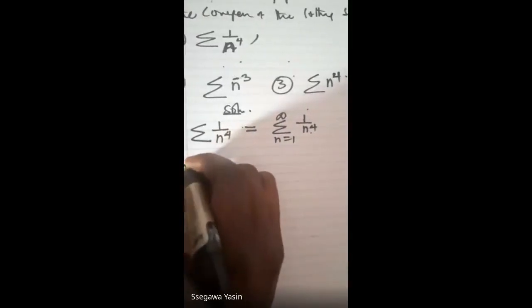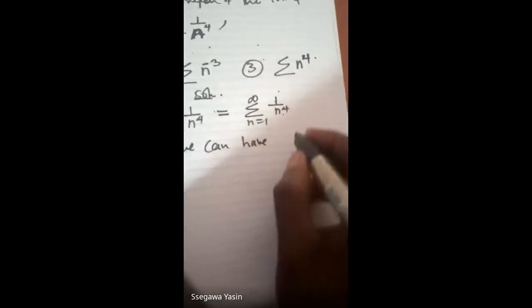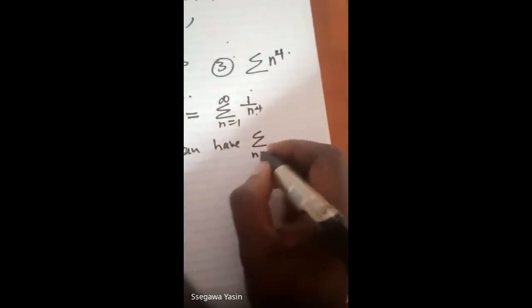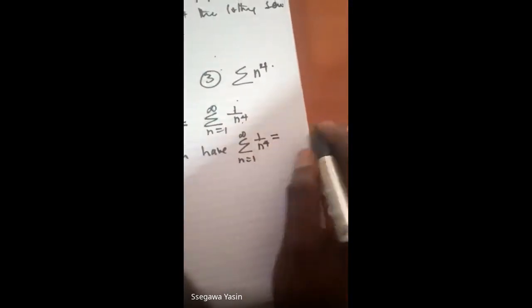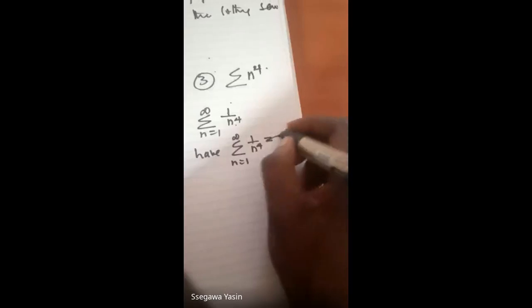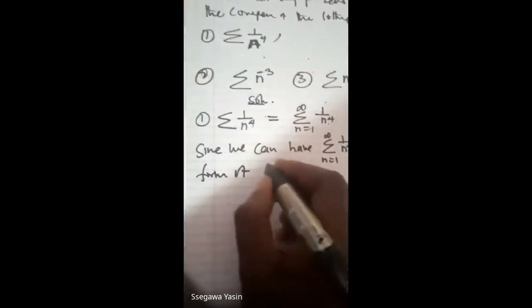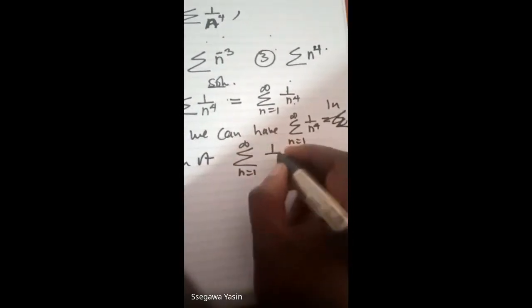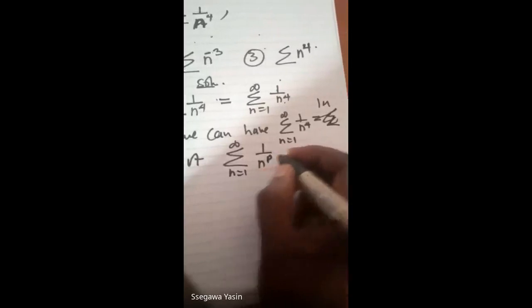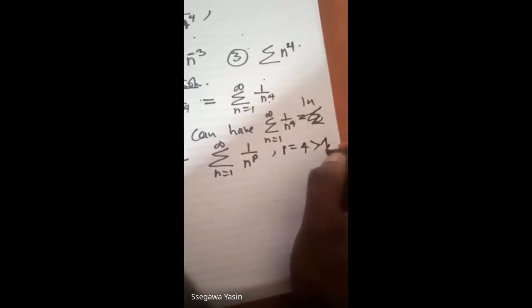Since we can have the sum from 1 up to infinity of 1 over n to 4 in the form of the sum from n equal to 1 up to infinity of 1 over n to the power p, p equals 4 and it is greater than 1.